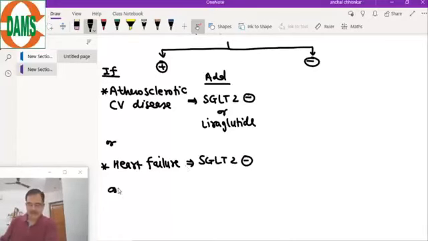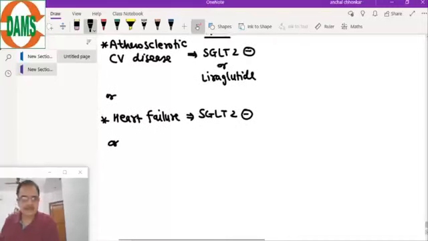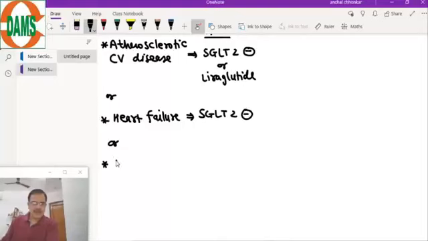Or if patient has a low GFR, that means GFR is 30 to 60, or we can say a low GFR patient, that means we have to decrease the CKD progression.